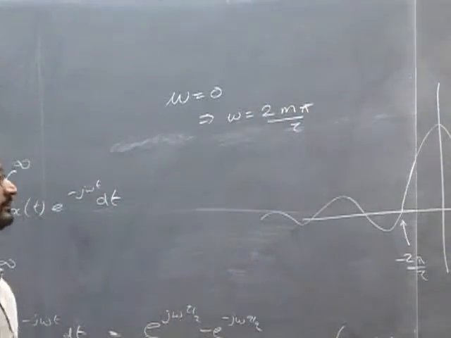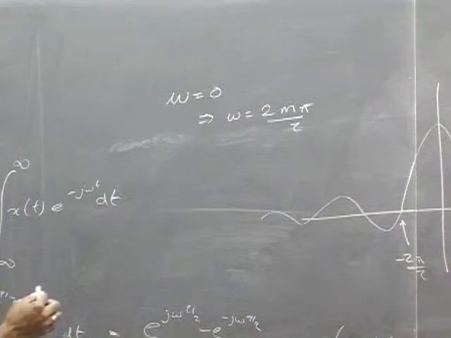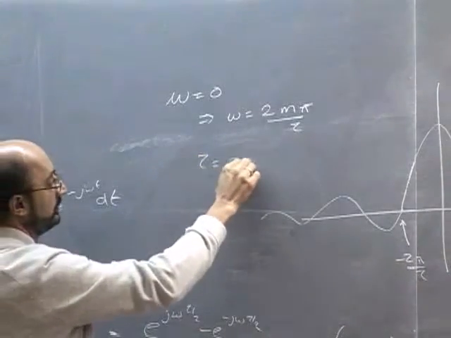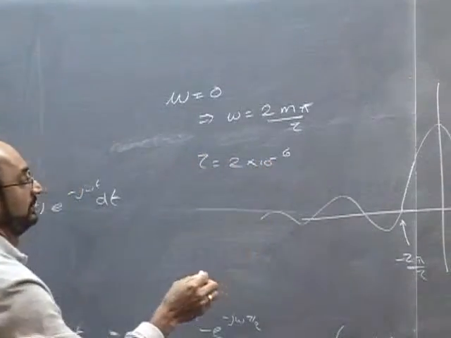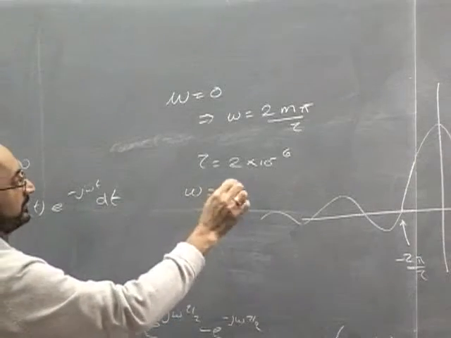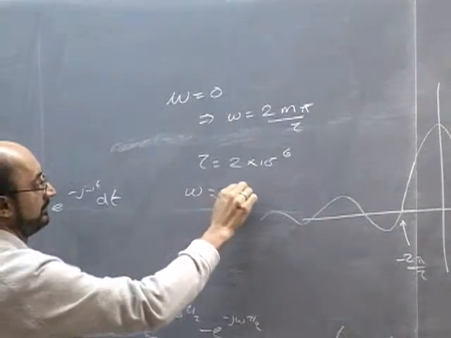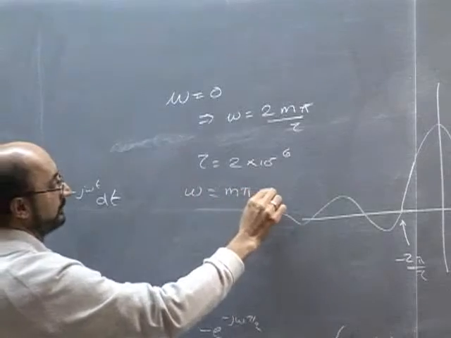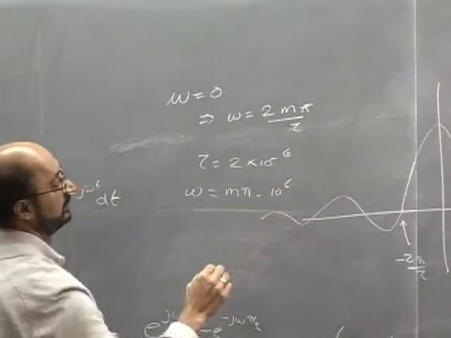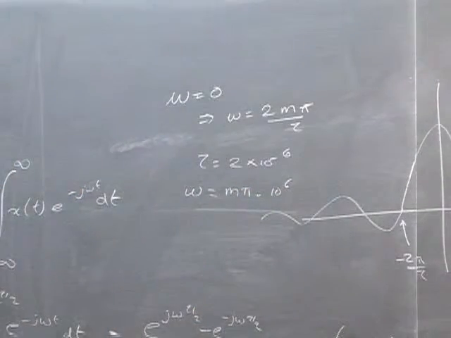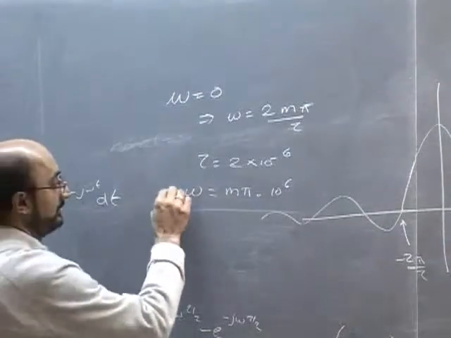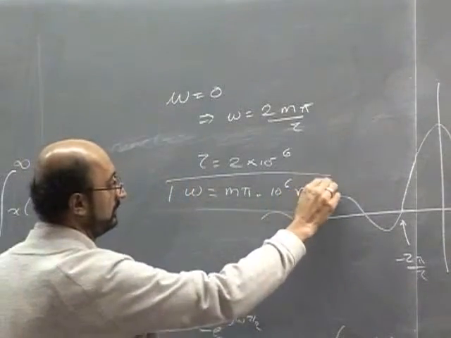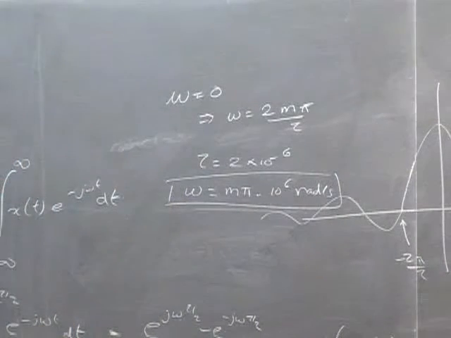Those are the frequencies. So what is tau? Tau equals 2 times 10 to the power minus 6, which means that omega equals m pi times 10 to the 6, because the 2 cancels out. And so that's the answer, in radians per second: m pi times 10 to the 6.